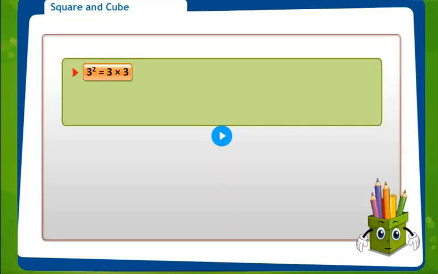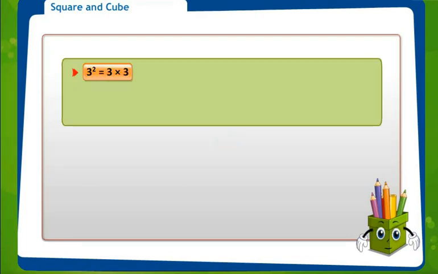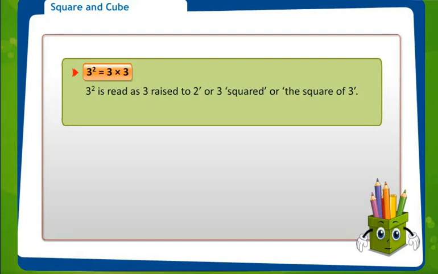Now what we are going to study is about square and cube. Instead of saying 3 raised to 2, where 3 is the base and 2 is the index, we say 3 squared or the square of 3.